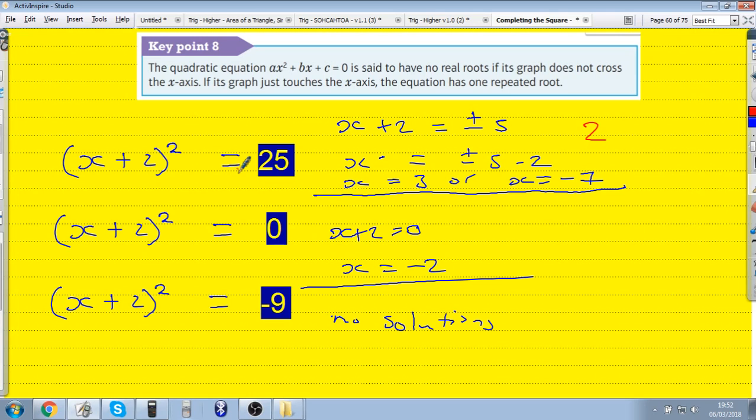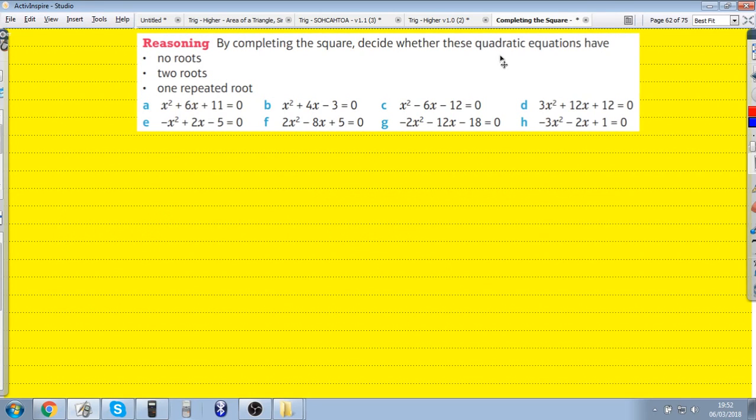Okay, so by completing the square, decide whether these quadratic equations have no roots, 2 roots, or 1 repeated root. So how could you do that for part A? So x² + 6x + 11 = 0.